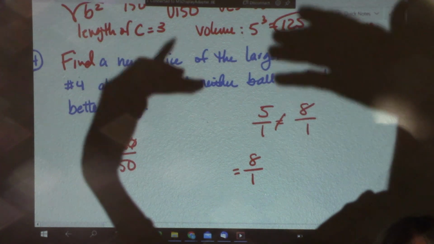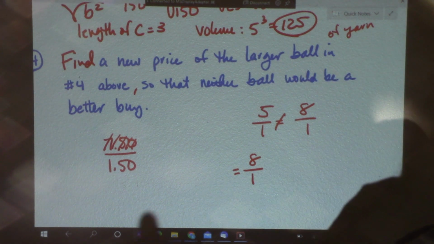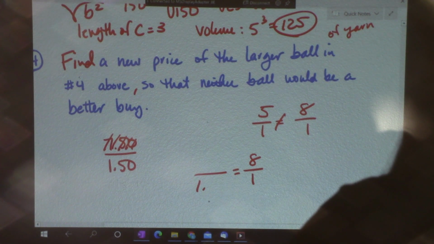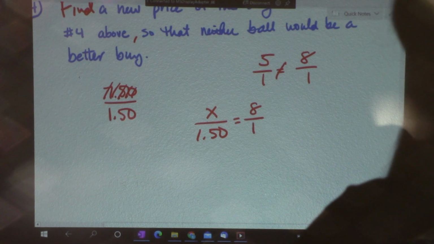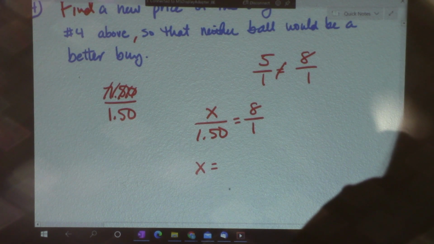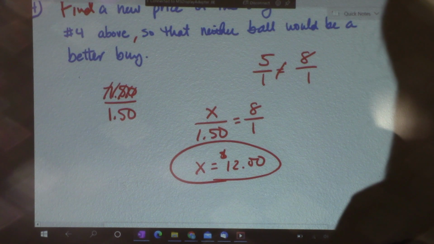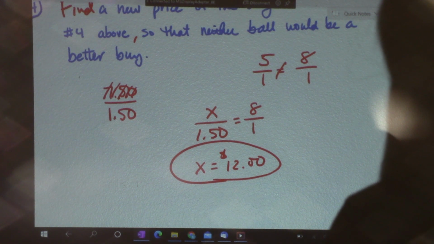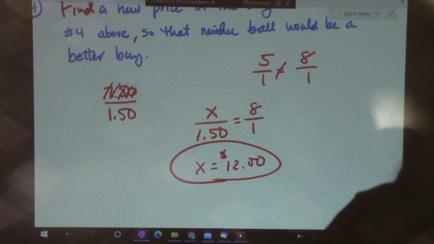So the volume increases by 8 times. I want the price to increase by 8 times. Do you see that? So I'm going to put 150 here and X up there. So the ratios will be the same. I cross multiply and I get $12. So if the ratios were the same, the larger ball of yarn would be $12. So it would go up that much. So it would look like this.